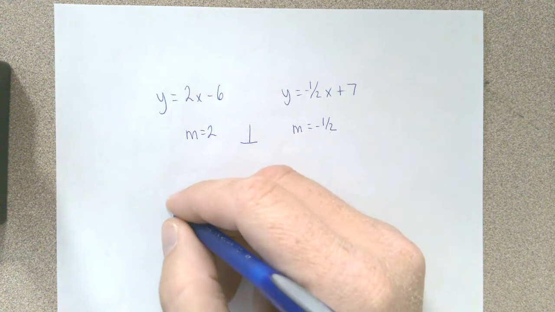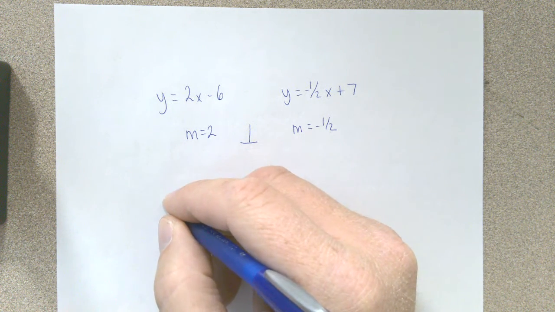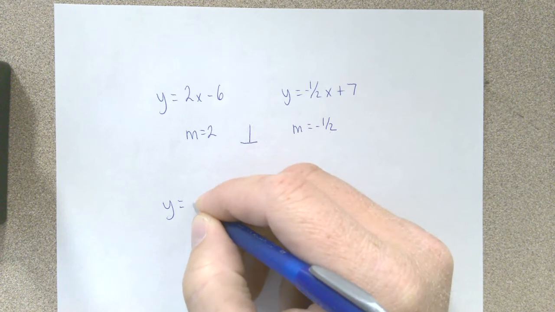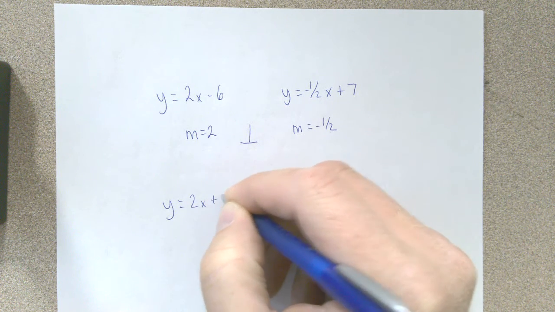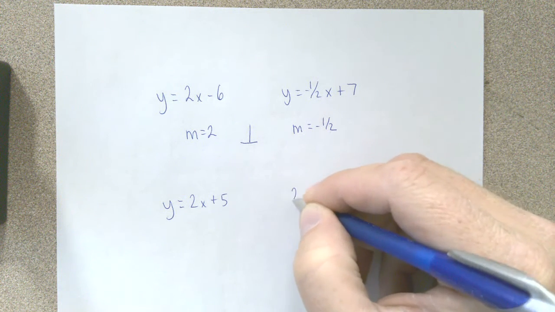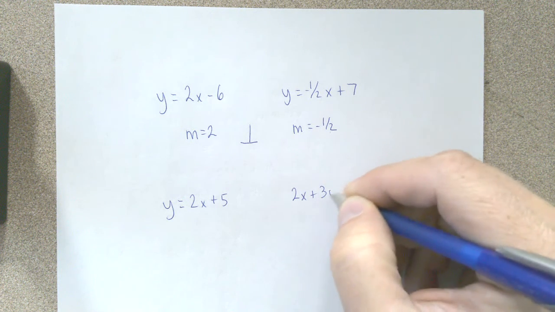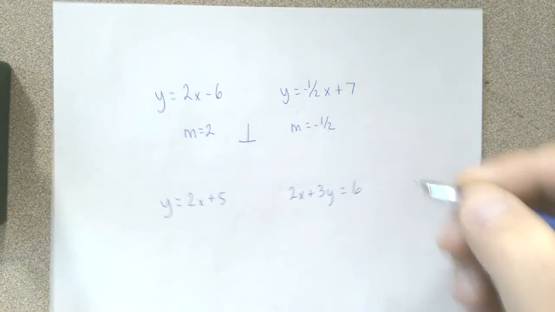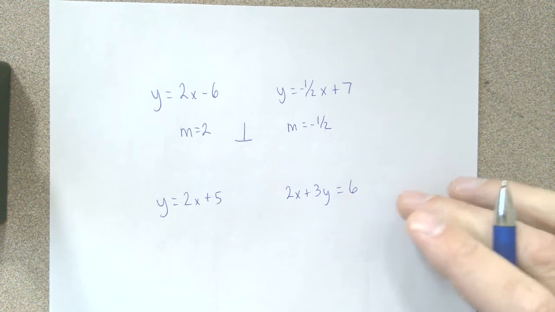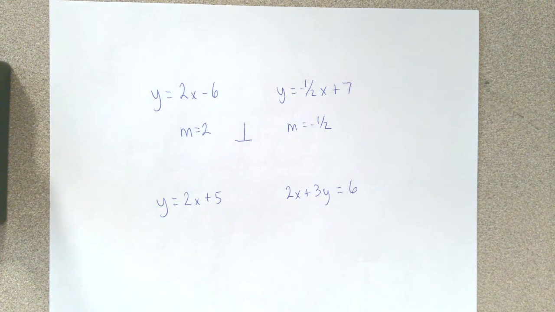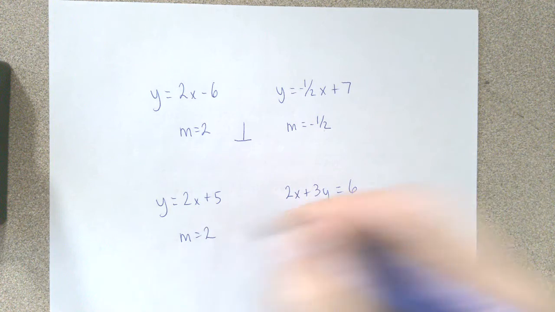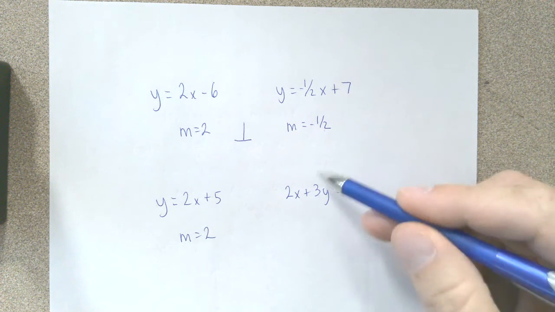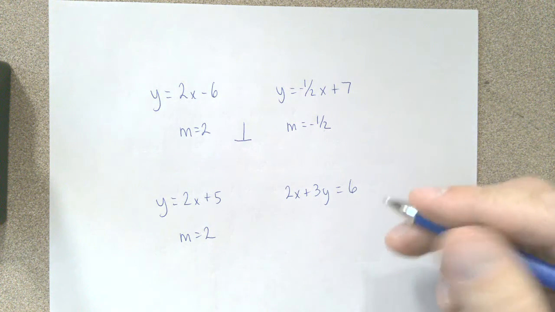Let's do one more. Let's say we have y equals 2x plus 5 and 2x plus 3y equals 6. Now on this one, we've got to be real careful. The first one, the slope is 2, but this second equation is not in slope-intercept form.